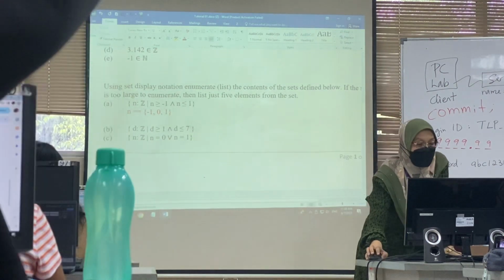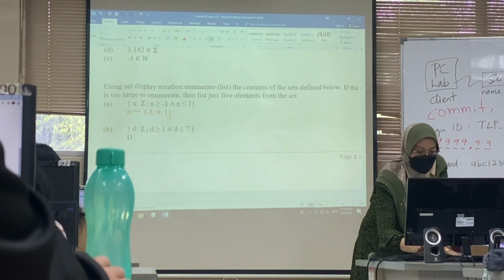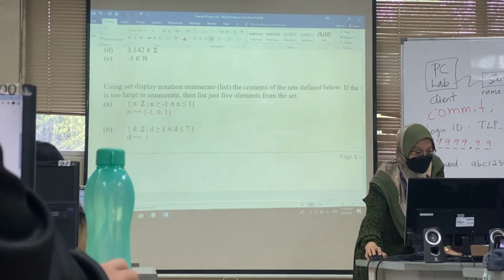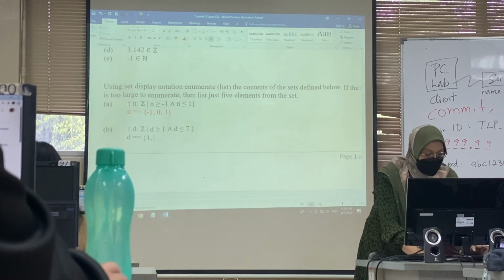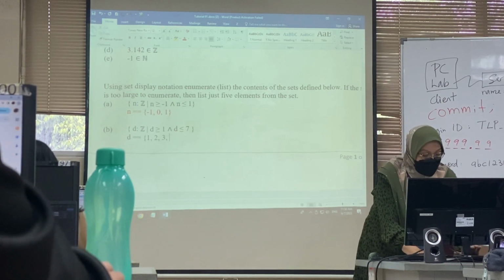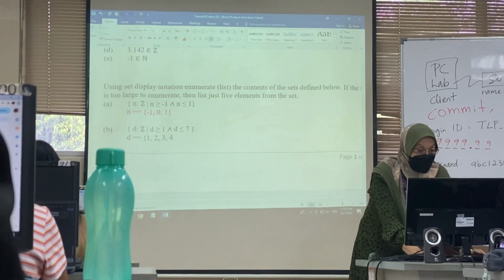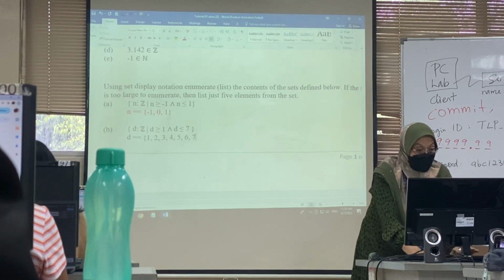Okay, so similar, just that now our variable is d equal. Then you have 1, 2, 3, 4. Actually, 5 elements. If you have more than that, you put dots. But here I just put all, just 7 only.